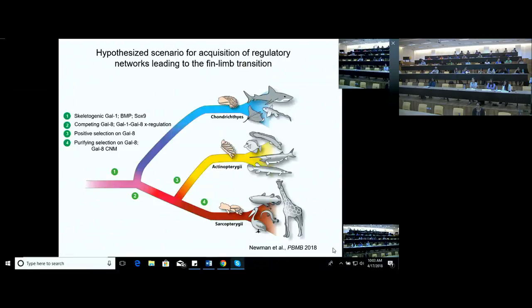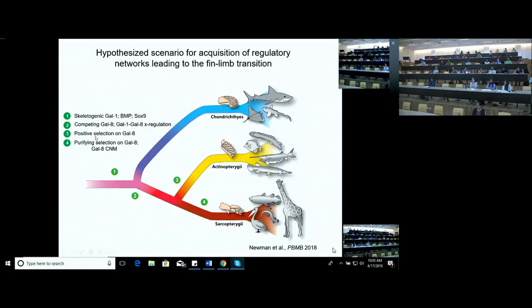And then if we look at the evolution, because we know when these different components came into existence in the history of the limbed and finned organisms, here we have skeletogenic galectin-1, BMP, and SOX9. They're all active here.